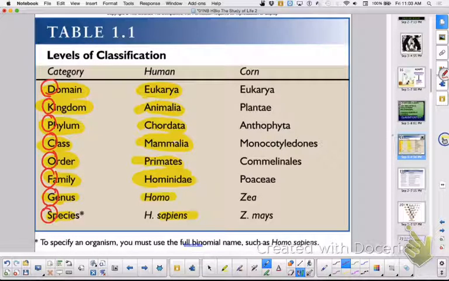Remember our goal is to make sure we understand the material, so use one that works for you. I'm just offering one out for you. Domain, kingdom, phylum, class, order, family, genus, species.